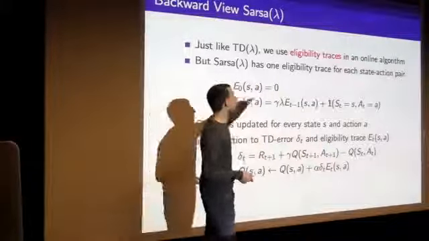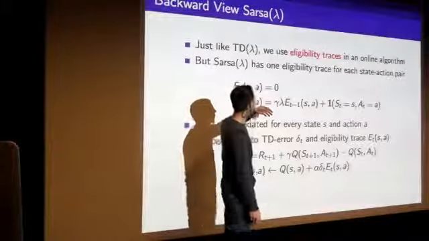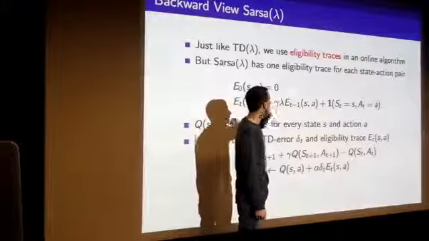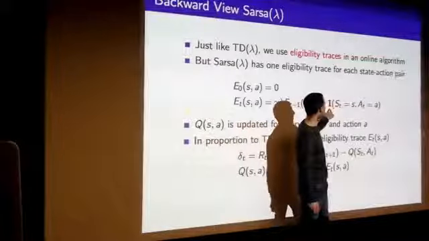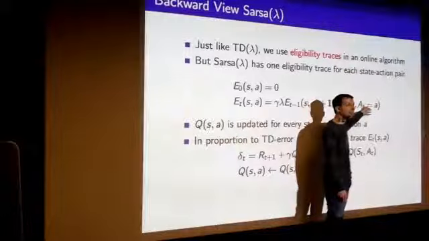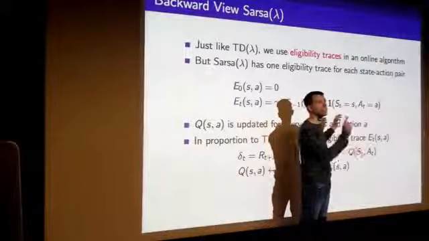And the way we do that is we can do it online by just increasing this state action pair. Every time we actually visit a state action pair, we increment it. This is an indicator saying that if I'm actually in that state S and take that action A, then I'm going to increase this eligibility trace by 1.